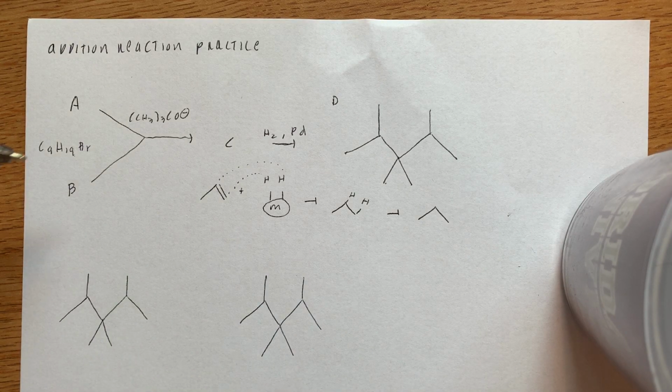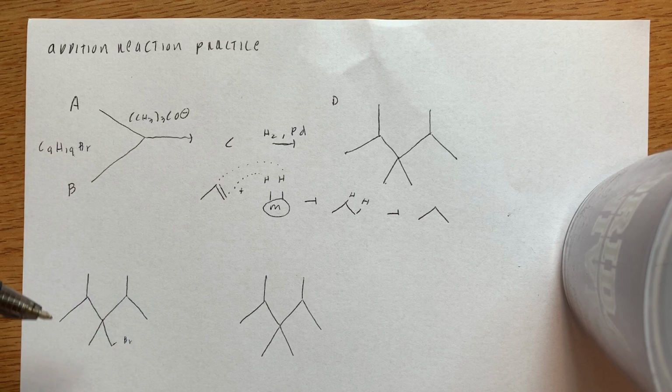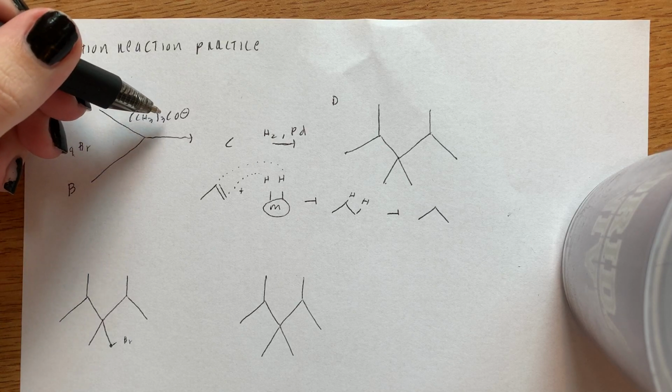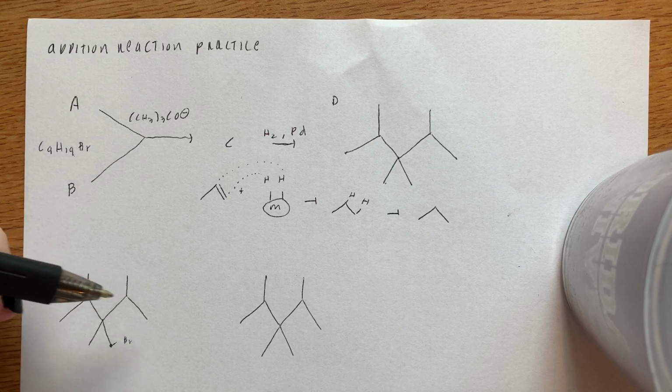But I'll also have my bromine in 2 options. So if I put my bromine here, what would happen? Well, try the mechanism. If I put my bromine here, in order to have an E2 reaction, I know this is E2 because I have a strong base. This is a bulky base, by the way.